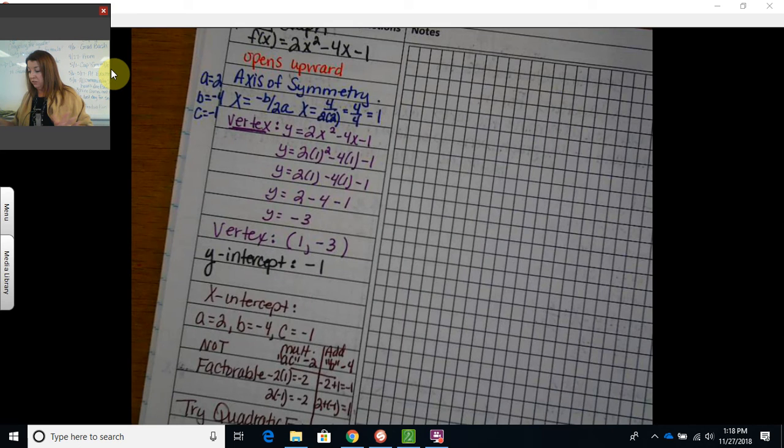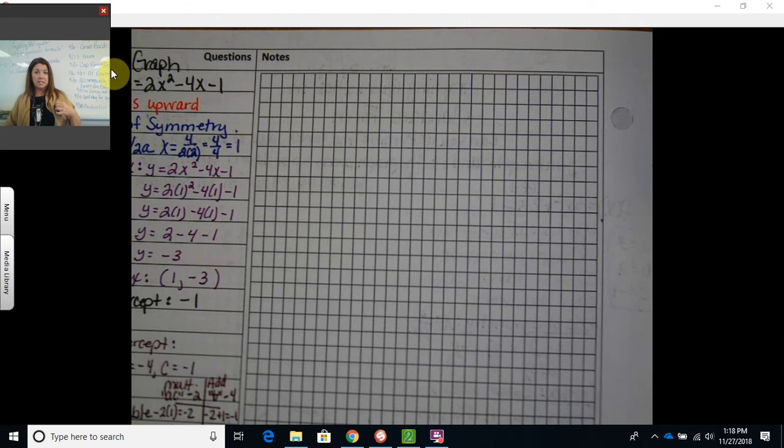Alright, so now I'm going to draw all these important parts on the graph. Again, I'm only putting one graph. I know I feel like I'm wasting a lot of space, but such is life.